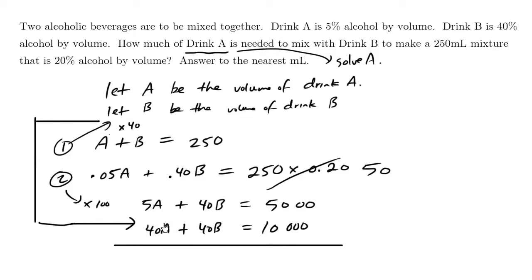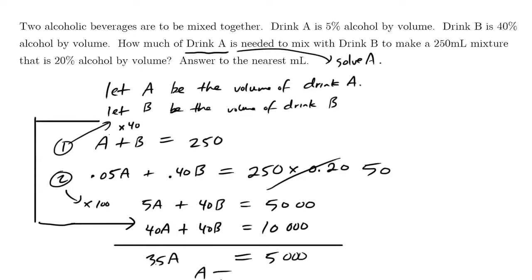So 40A minus 5A is going to be 35A, and then 40B minus 40B disappears, equals 10,000 minus 5,000, which is 5,000. Divide both sides by 35.